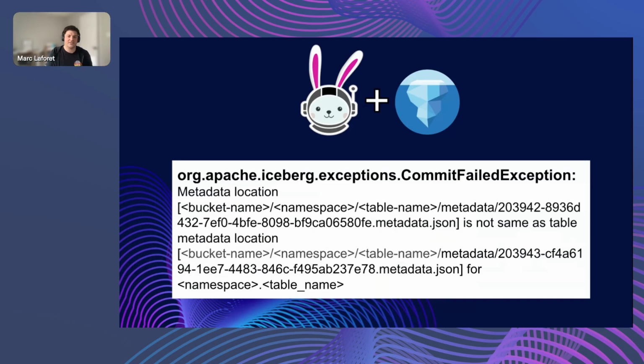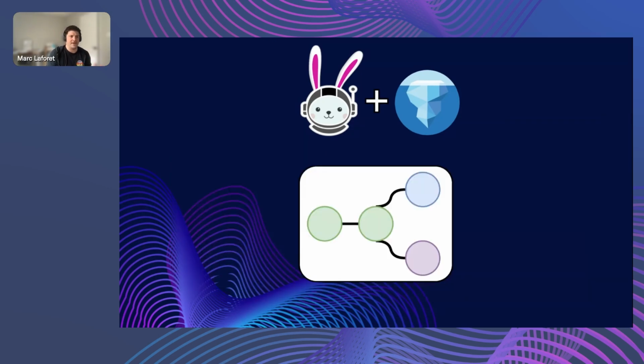But when we did this, we actually started getting this error a lot. We got commit failed exception. You can read what's happening, but I'm going to explain it with some diagrams. Let's say we have two processes that are trying to make appends or any changes to your Iceberg table. In Iceberg's snapshot model, your snapshot has to increase sequentially.